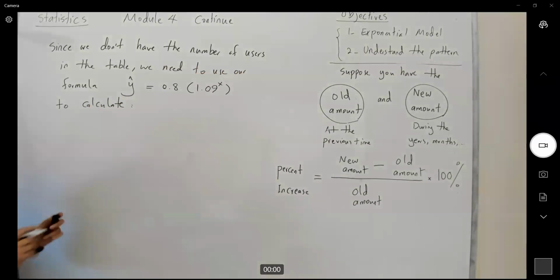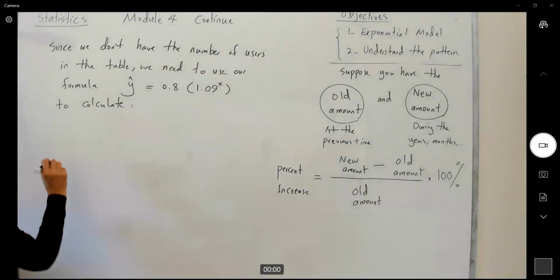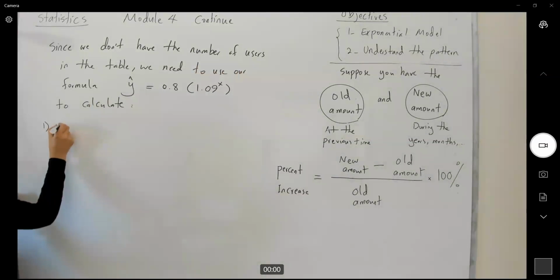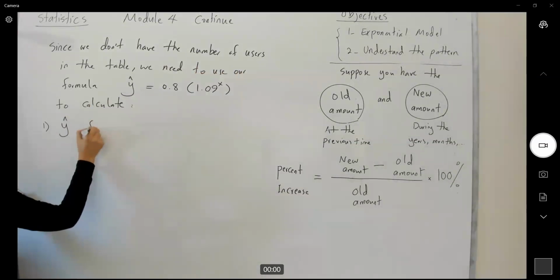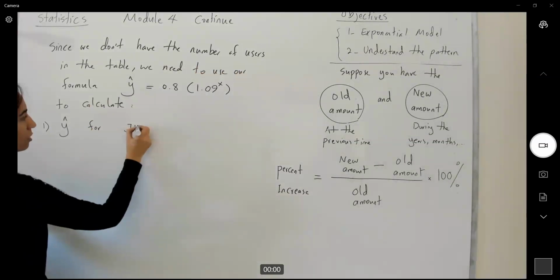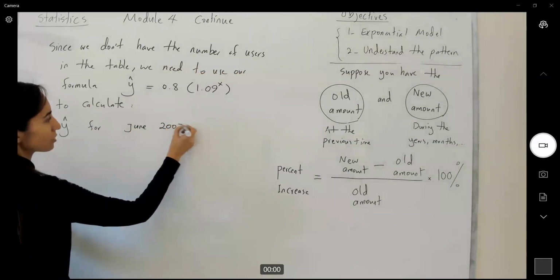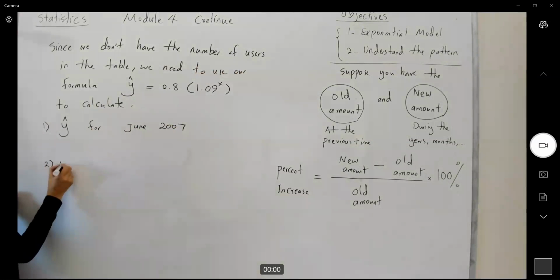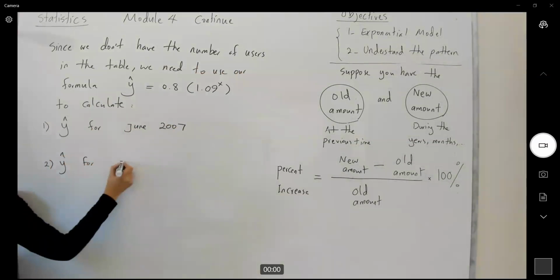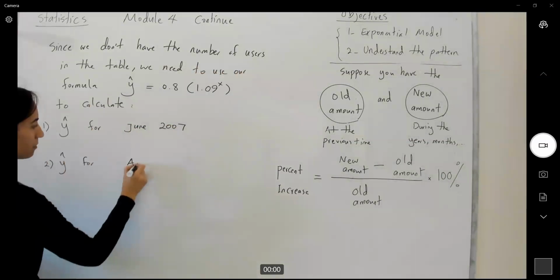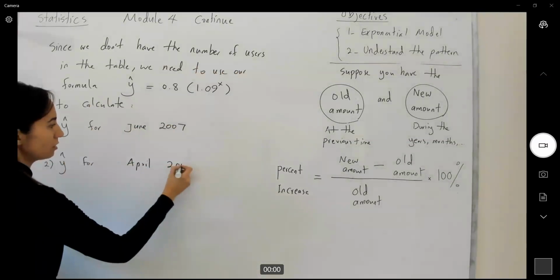To calculate the number of users in June and in May. Y hat for June 2007 and Y hat for April 2007.